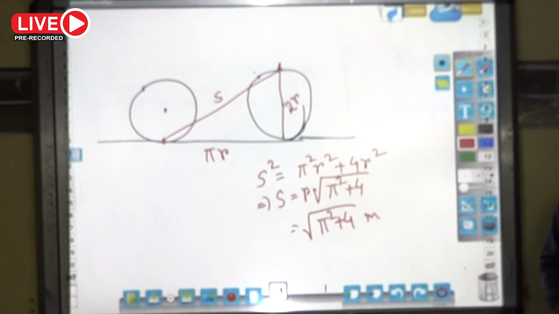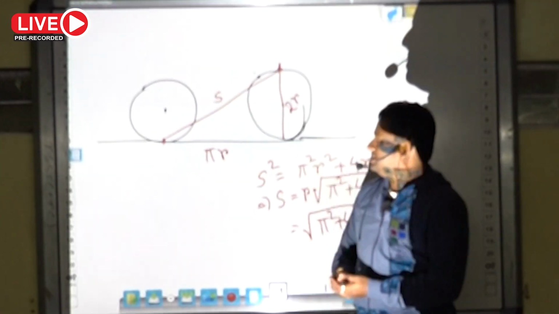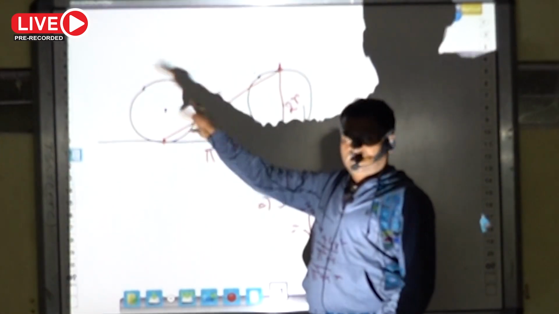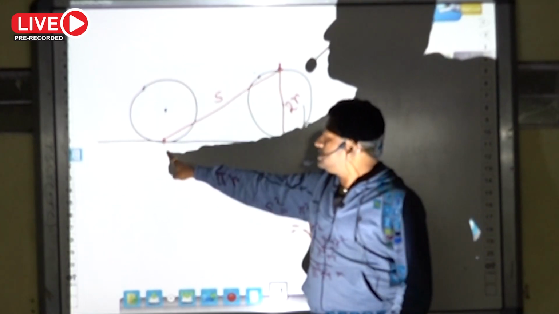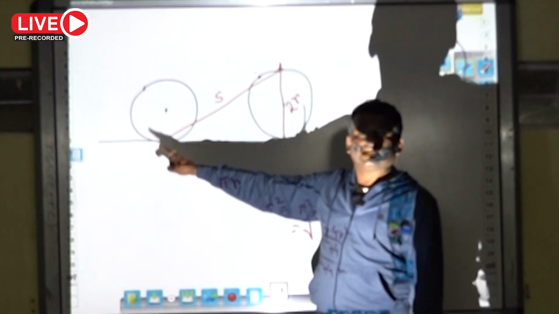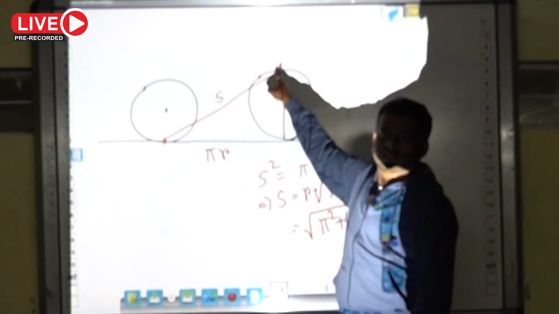Okay, see, this is a wheel. Now this is the contact point. Now it rotates. If it completes one revolution, then again this point will come to the ground. But it says that it is completing half revolution. Half revolution means this point goes to the top.